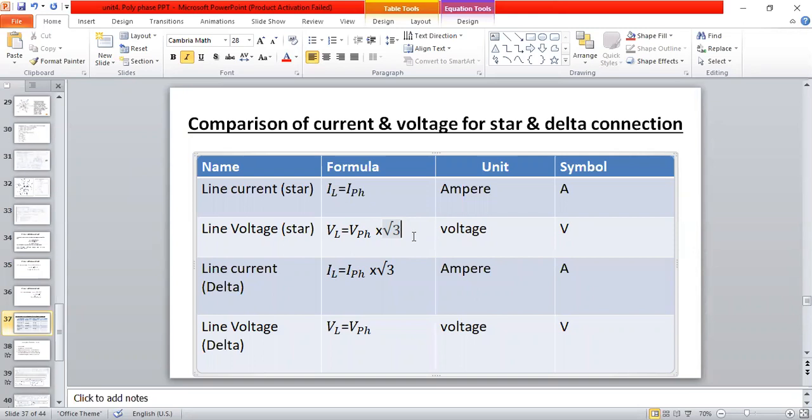Similarly, for the delta, IL equal to IPH into root 3, or root 3 IPH, and VL equal to VPH. These are the simple formulas for current and voltages for both star and delta connection.